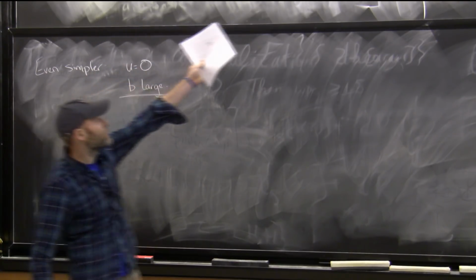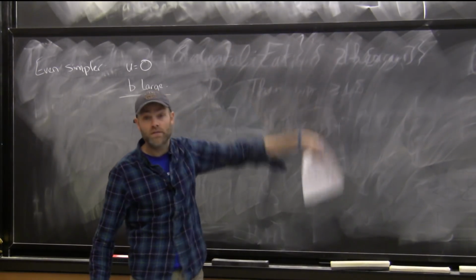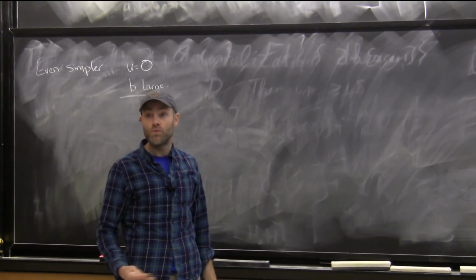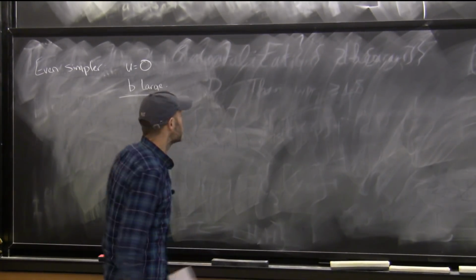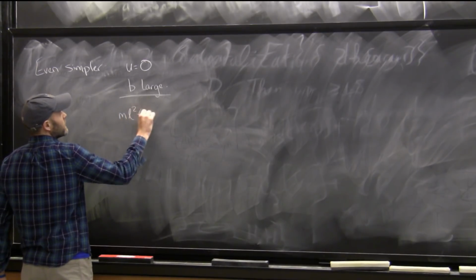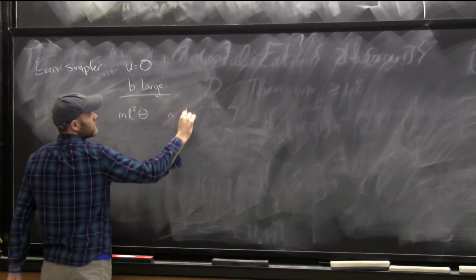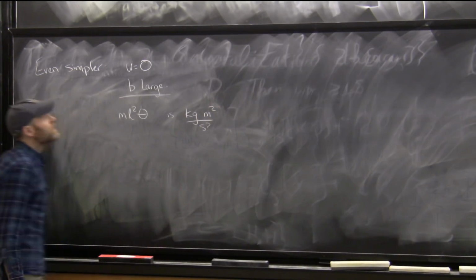So the units of that equation are torque, right? Every term in that equation has to have units of torque, Newton meters or kilogram meter squared per second squared, right? So ml squared theta double dot is kilograms meters squared per second squared, right?